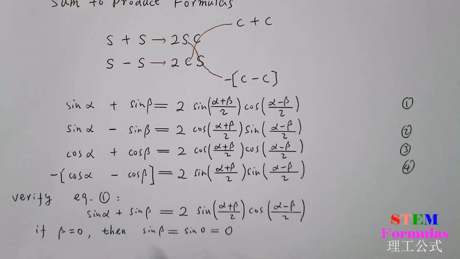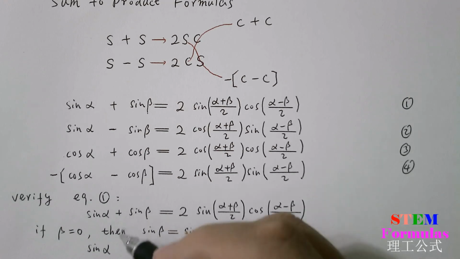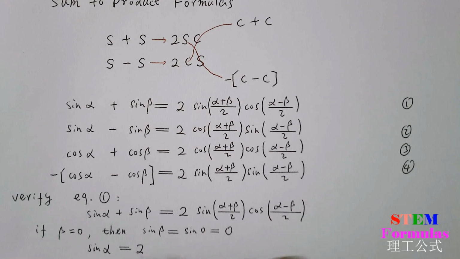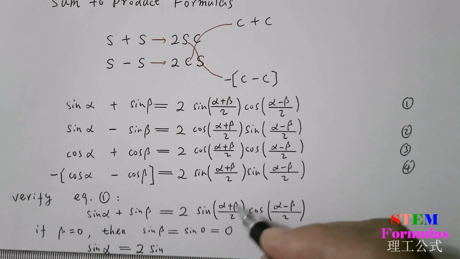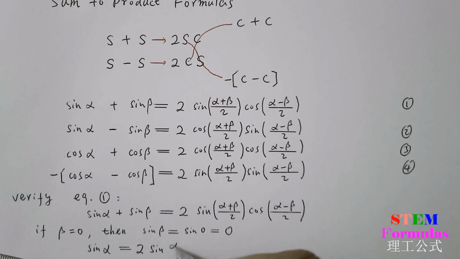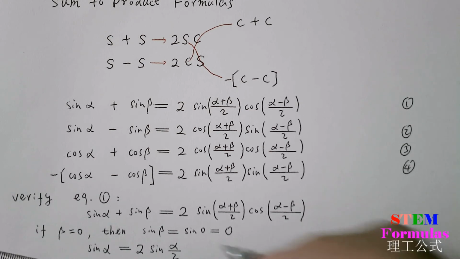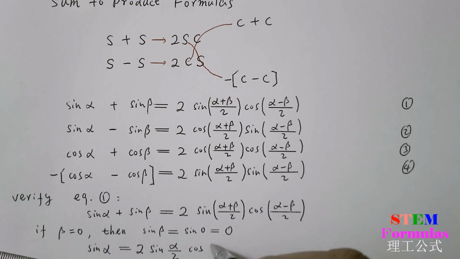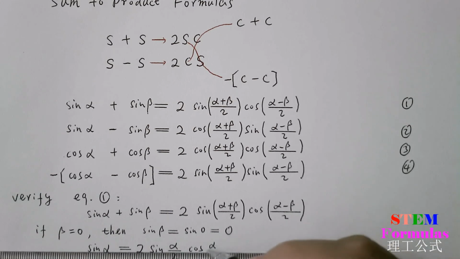Now this equation will become sine alpha, so this term is 0, equal 2 times sine, with beta 0, I have only alpha divided by 2, so sine alpha divided by 2 times cosine, beta 0, so here I have cosine alpha divided by 2.